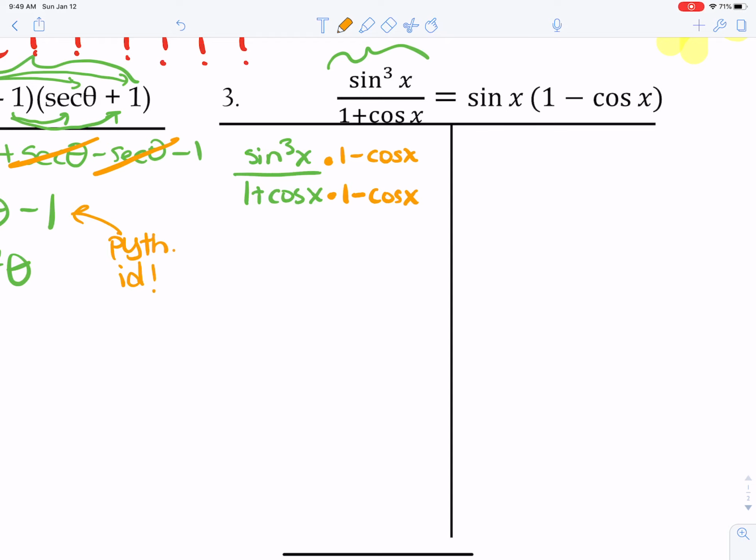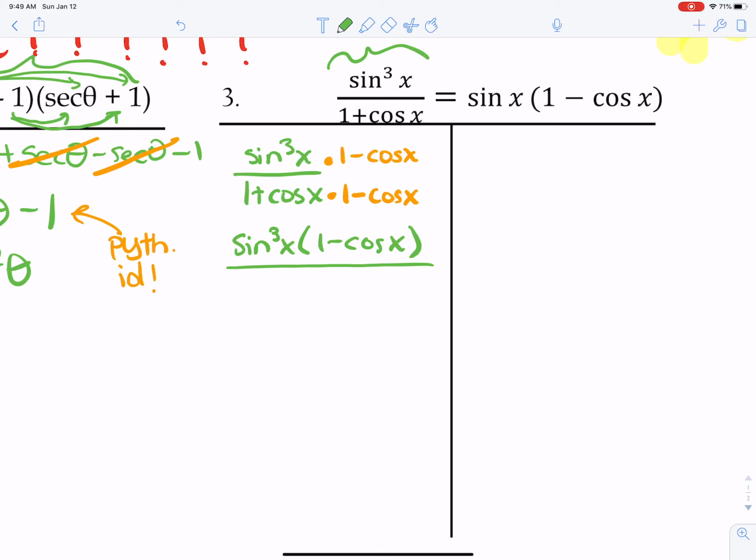We now need to actually distribute and multiply. For the top, remember, you're trying to get it so that you have sine x on the outside and 1 minus cosine in parentheses, so it's not distributed. So this sort of looks the same. I'm going to leave that undistributed and just write it like this.